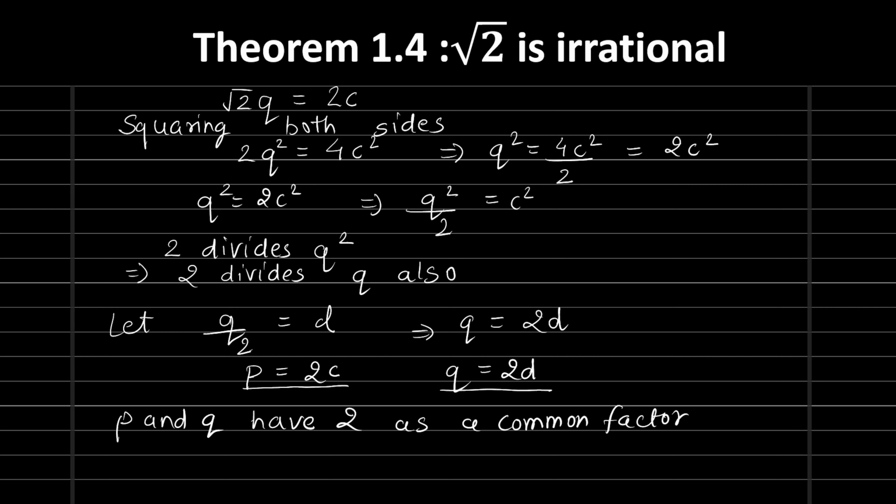But according to the definition of rational numbers, what did we write over there? That if root 2 is equals to p by q, then p and q should be co-primes, right? They should not have any other common factor apart from 1.